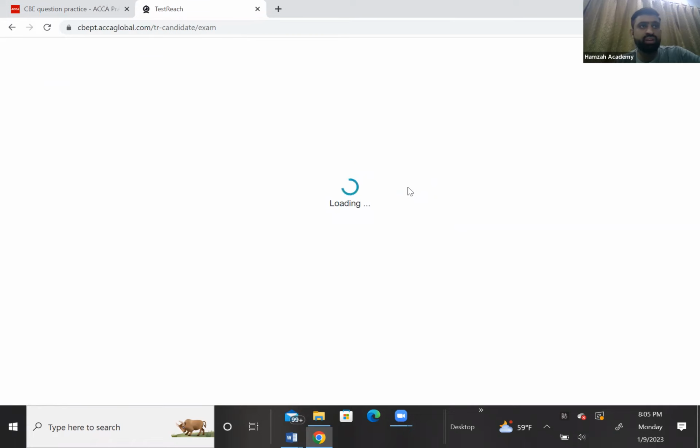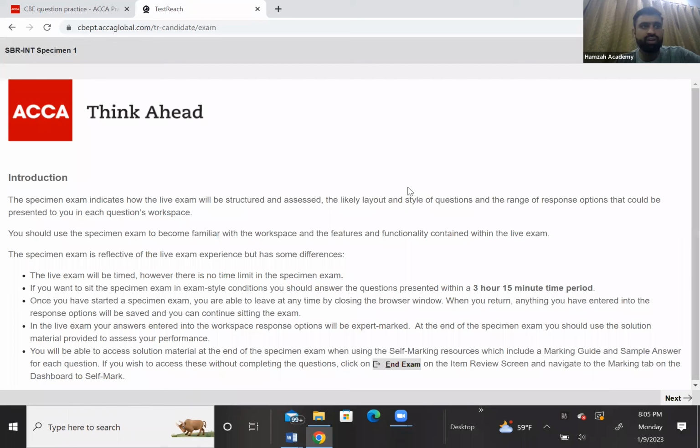One more thing: we are covering the international scheme for SBR. There is a UK scheme, there is a Singapore scheme, but we are covering the international scheme of SBR.